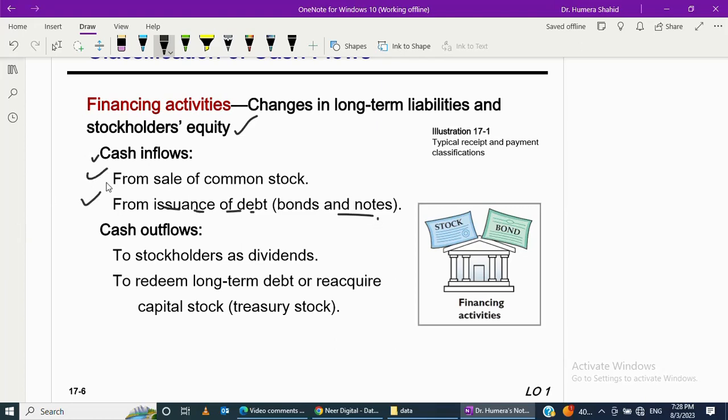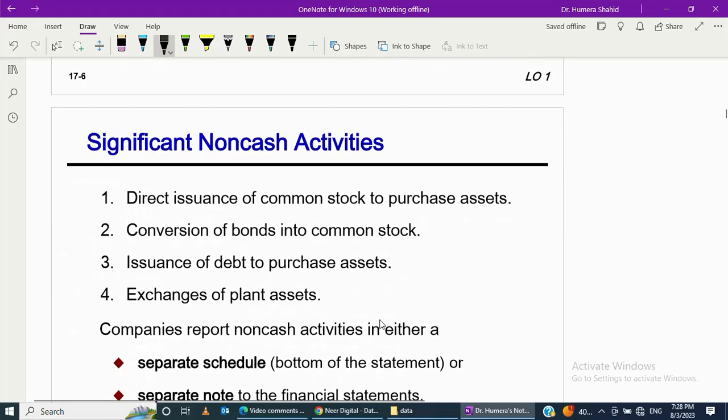When you issue common stock or preferred stock, that's an inflow. Cash outflow: when you give the dividend to the stockholders, when you pay back the money of the bondholders or the notes payable, and when you purchase treasury shares, right? So all these things take out the money from your business. So in this way you will be preparing the investing and financing activity sections.